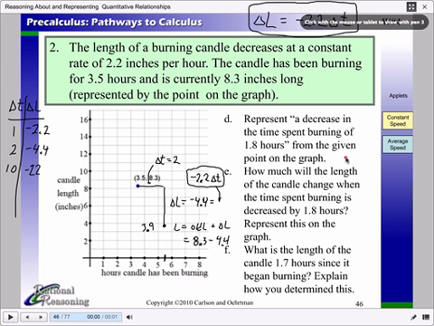What's that? What kind of line? Horizontal or vertical? And going which way from 3.5? Left, that's it. And I'm going to go 1.8 hours. What time will that put me at?